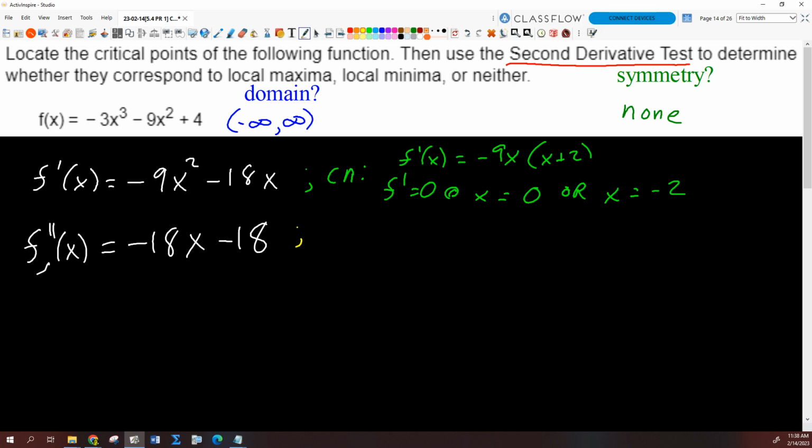Inflection points. Agreed? So inflection points would exist in places where we have critical numbers of the second derivative, where it's either equal to 0 or what's the one place where it could be undefined, would we say? Vertical tangents, right, okay.